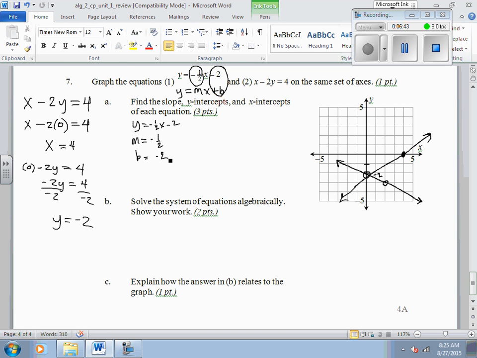I haven't done the x and the y-intercepts on that equation yet, but I know that the y-intercept is the same as the b value, which is also the y-intercept.